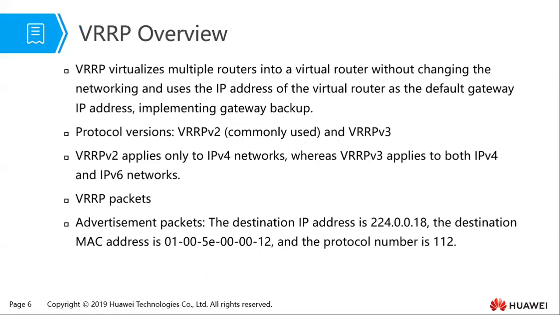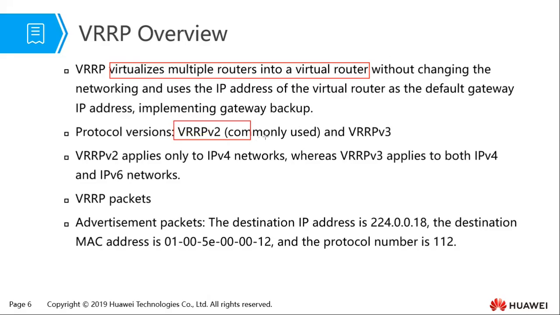Okay, so let's look at the overview of VRRP. Generally, how VRRP works is that it virtualizes multiple routers into a single virtual router without changing the networking, and uses the IP address of the virtual router as the default gateway IP address, thereby implementing a gateway backup.